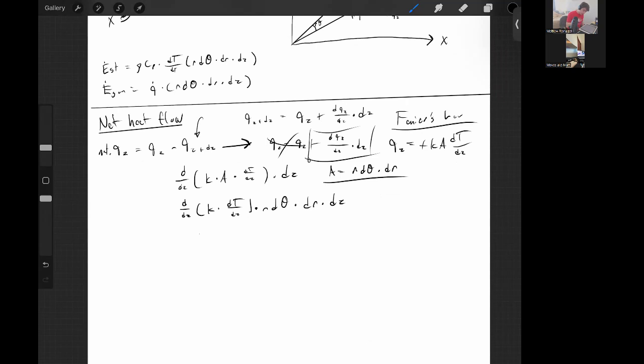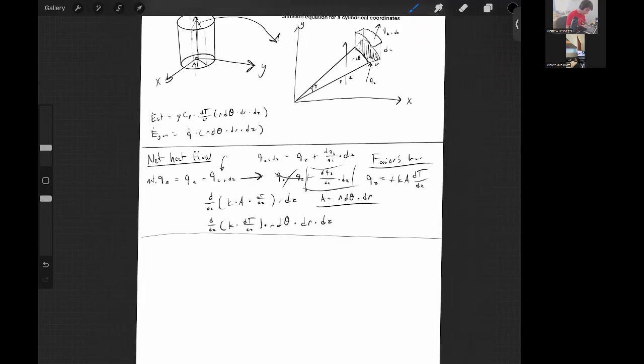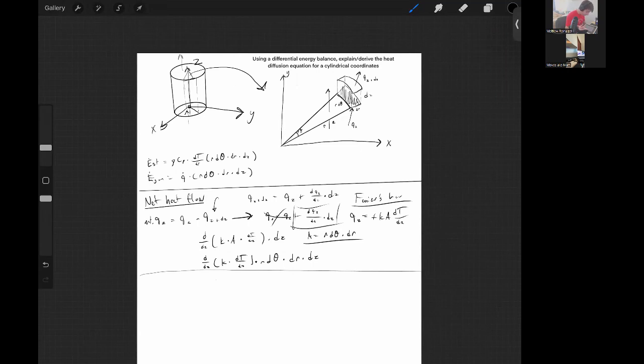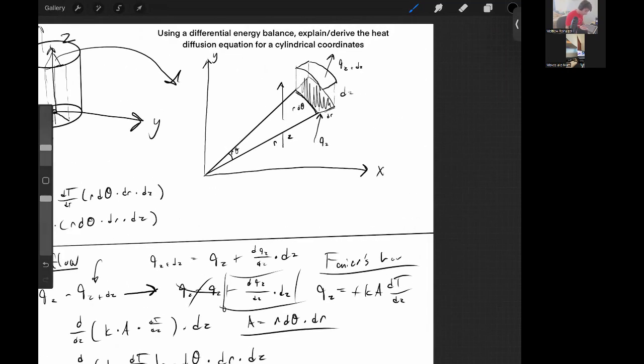And we're just going to leave this here for now. We're just going to call this our net flow of z, and we're going to move on to our net heat flow, sorry, for the r direction.